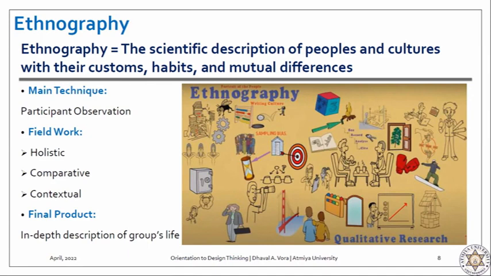So after observing all the things, and after creating a strong bond with them, you need to identify the overall life or behavior of the stakeholders. You have to go very deep inside, and with the help of this deep knowledge, describe what problems are being faced by them.